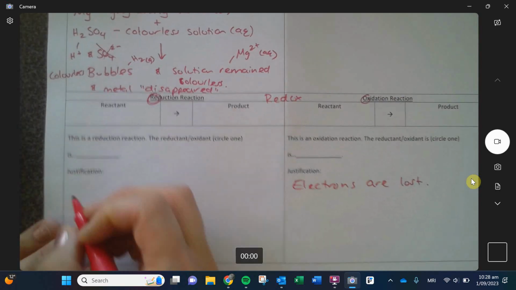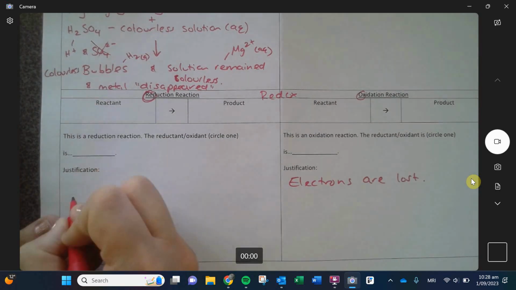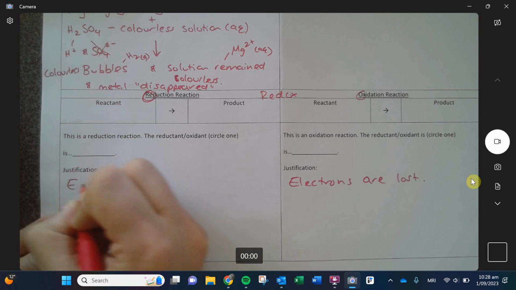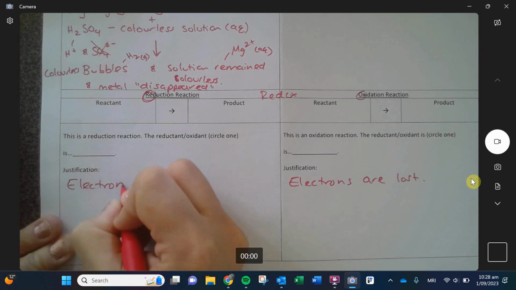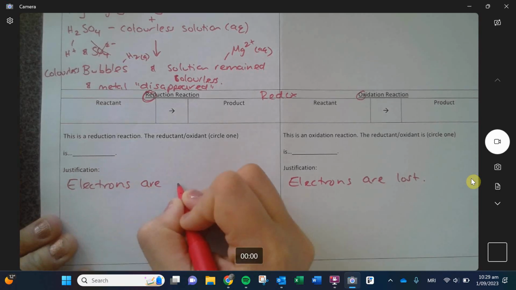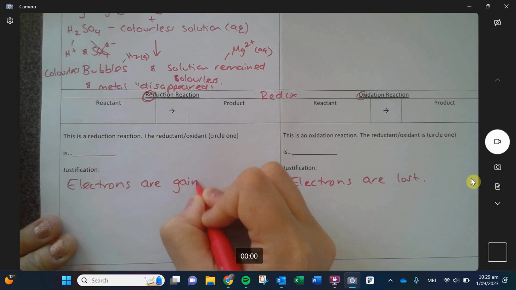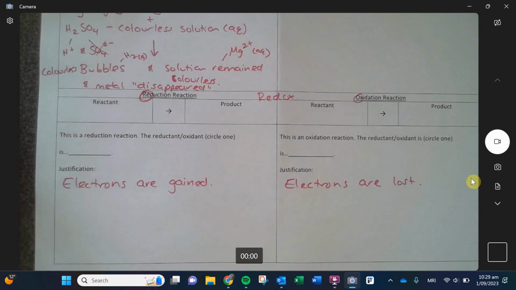So on this side, I would go, electrons are gained. Are we good so far?